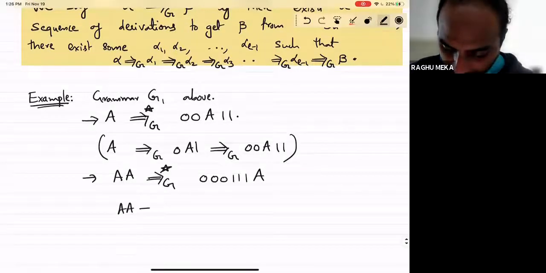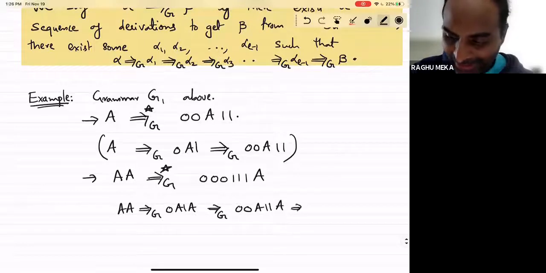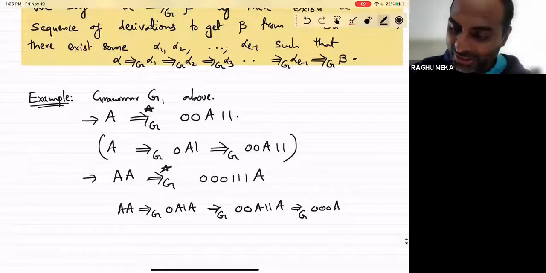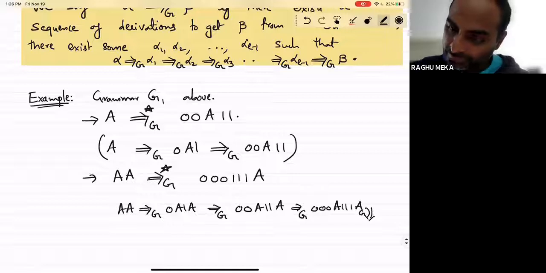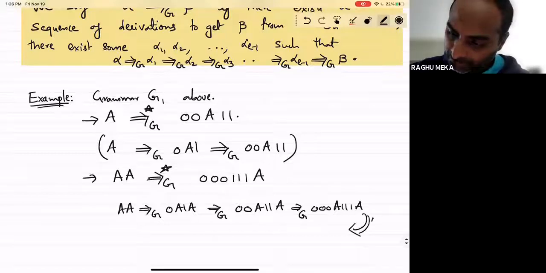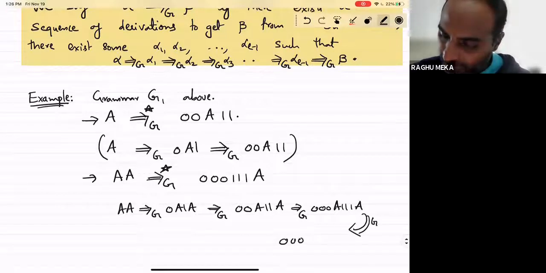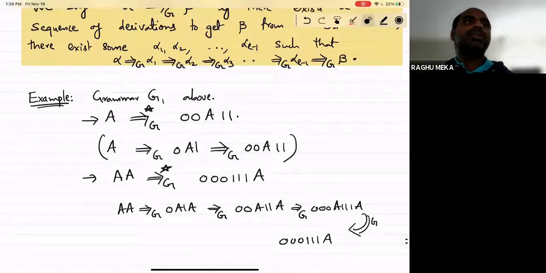So I say AA, apply one rule to get 0A1A, apply it again, I get 00A11A, apply it again, I get 000A111A, and then apply the epsilon rule. So we can always define these relations.